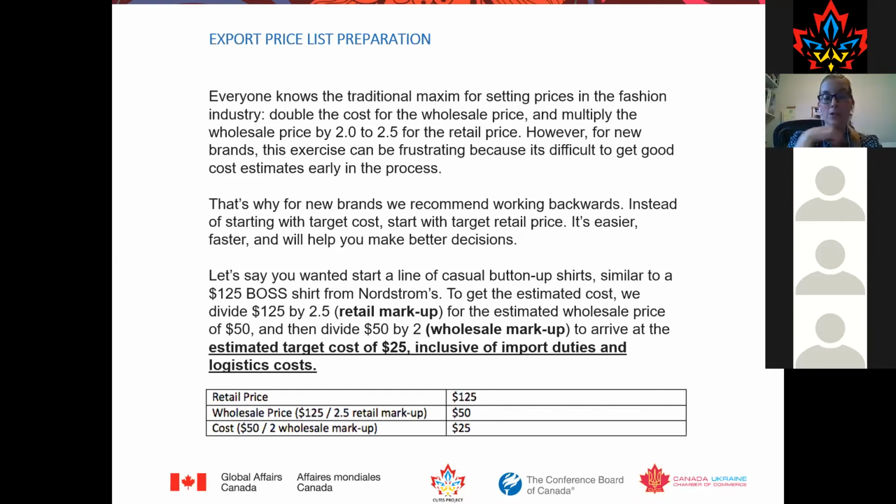You come here to Canada, you go to the store, you identify your product, and you say, okay, this product is pretty much like mine, composition pretty much like mine, price $80. So if you divide the price by 2, it's $40. That in your mind is the price that the buyer pays, $40.